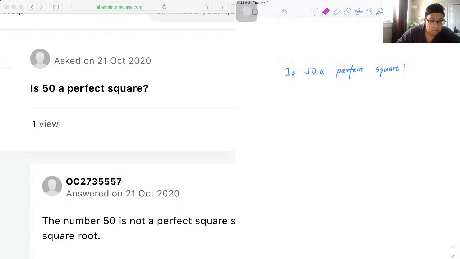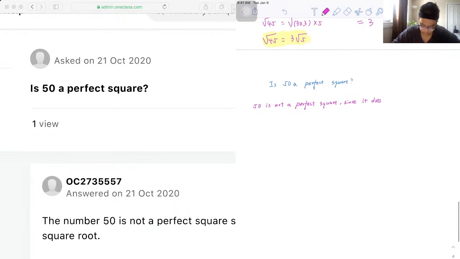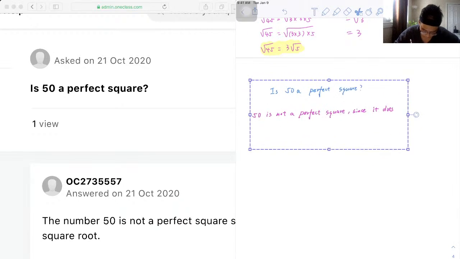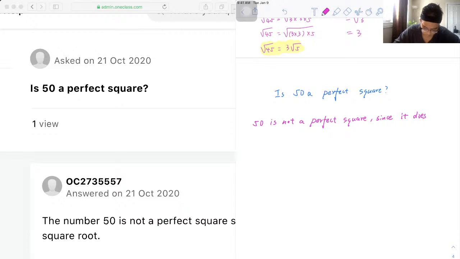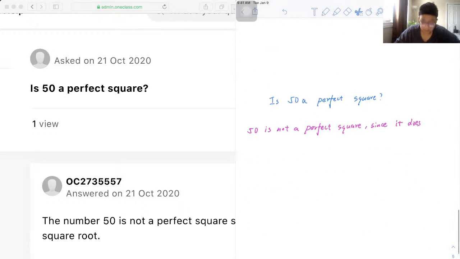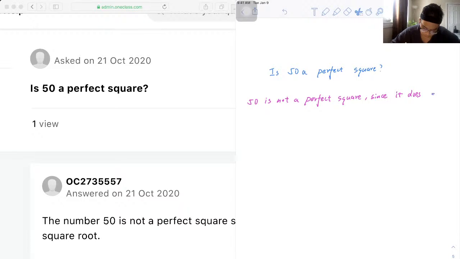So first let's write down our conclusion. 50 is not a perfect square since it does not have an exact square root.